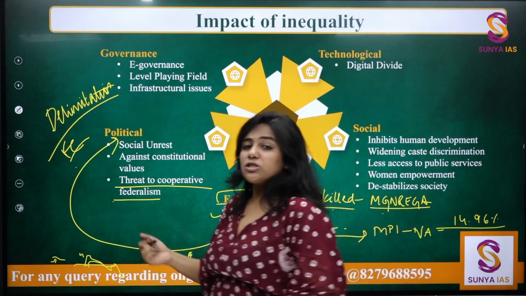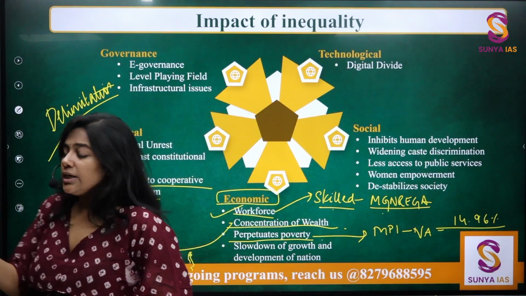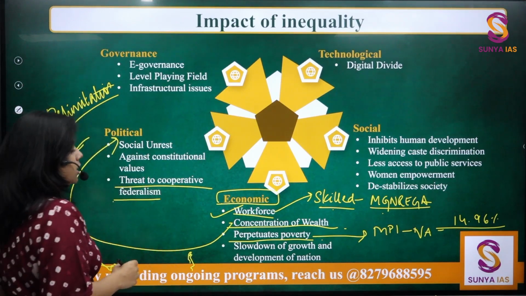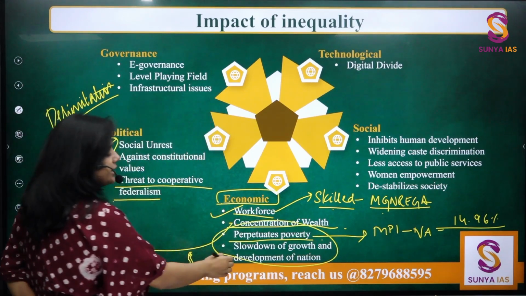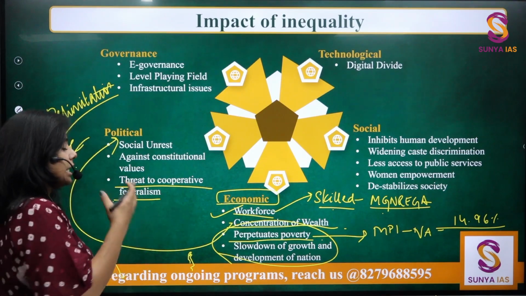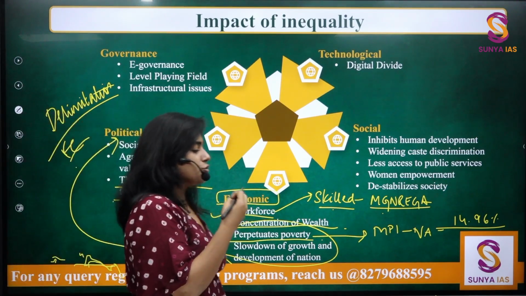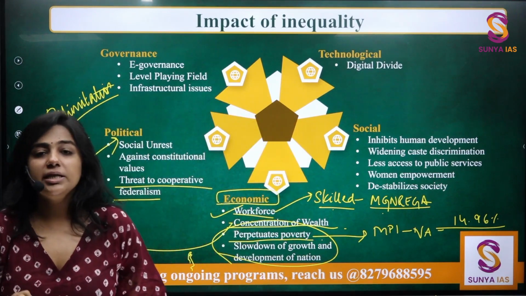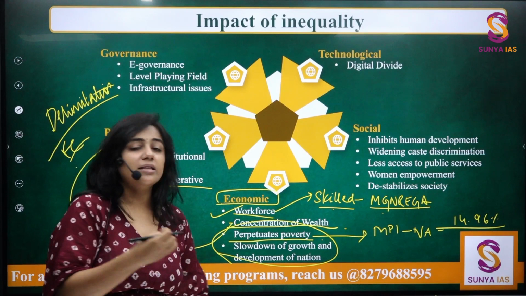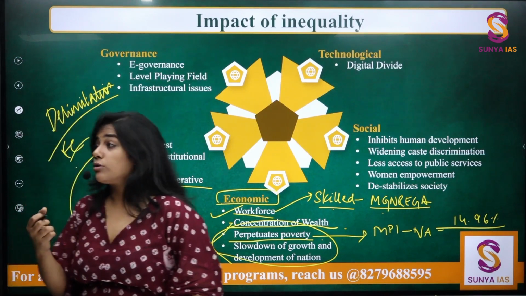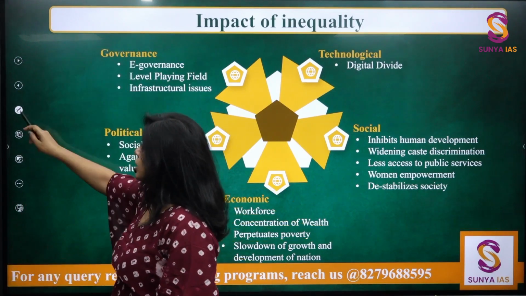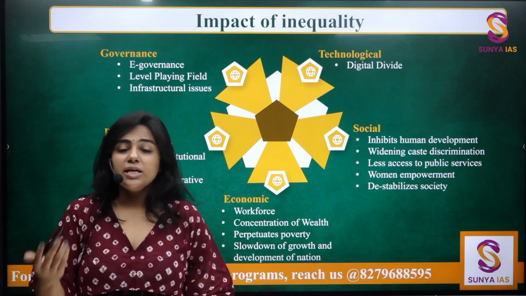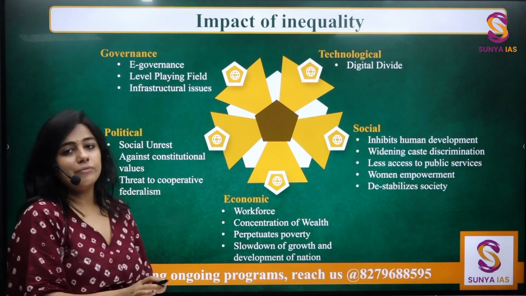So they'll be poor in health, they'll be poor in education, social indicators, everything. Now, slowdown of growth and development of the nation. When a country knows that there is excessive income inequality in this country, the faith in the country reduces. People try to go out of the country, and those who cannot go out of the country, they do not work as hard because they know that they cannot reach that level.